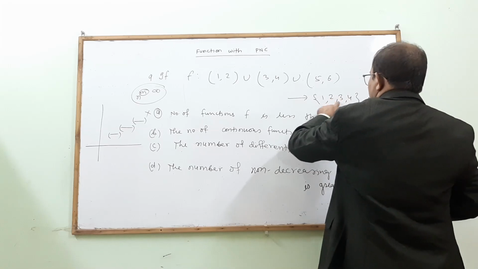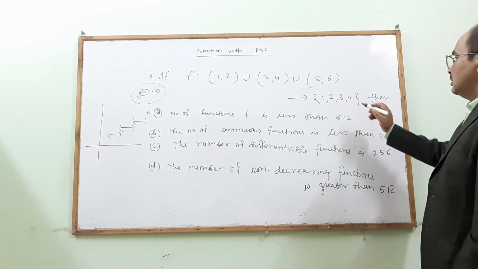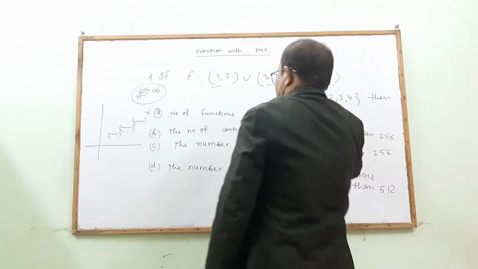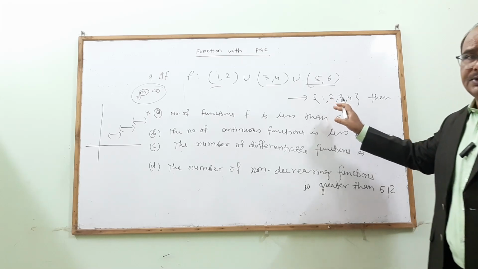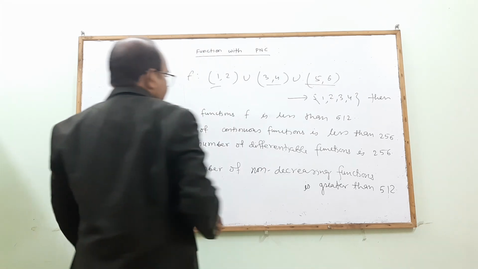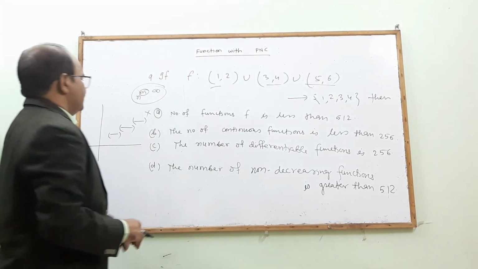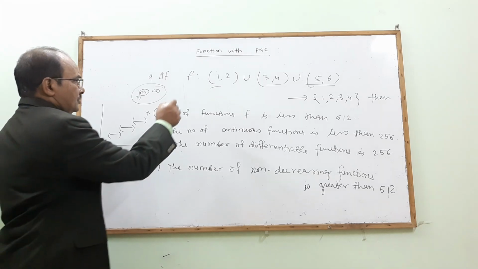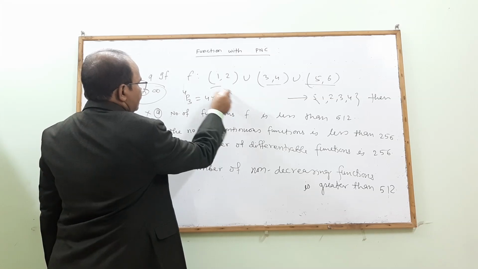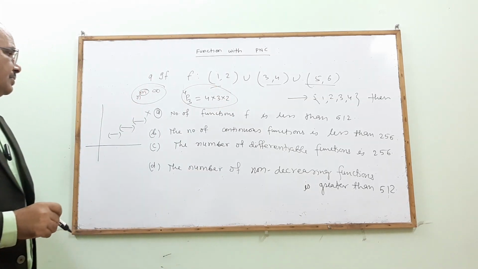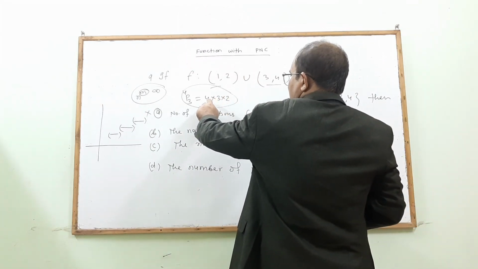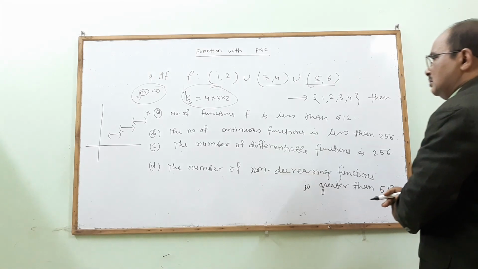In 4P3. So the number of continuous functions will be 4P3, and it will be 4 into 3 into 2, that is 12 into 2, 24.